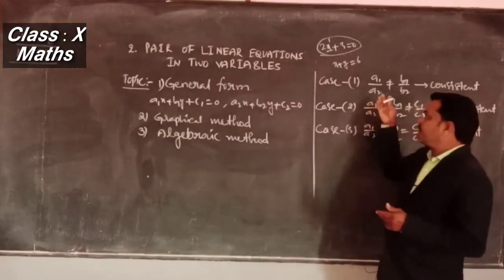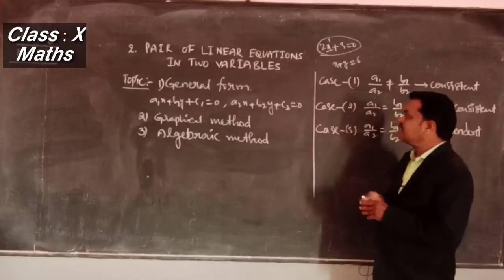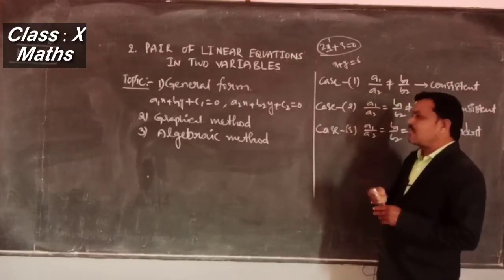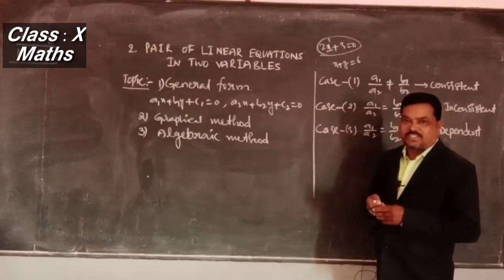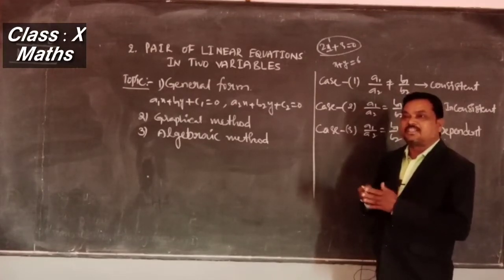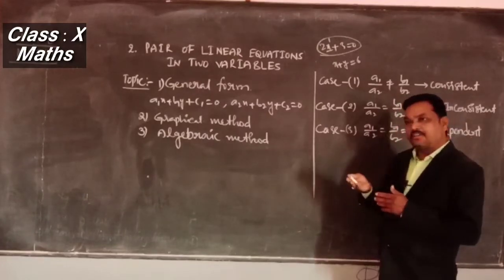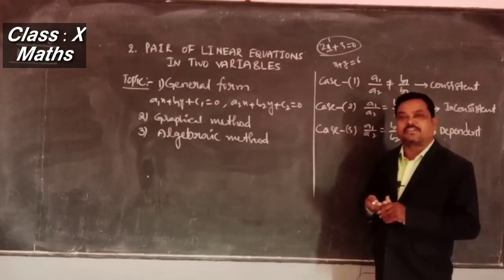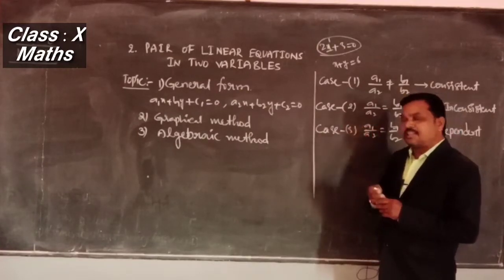When we are given a pair of linear equations, three situations are possible: intersecting lines, parallel lines and coincident lines. These topics we have to learn in this class.